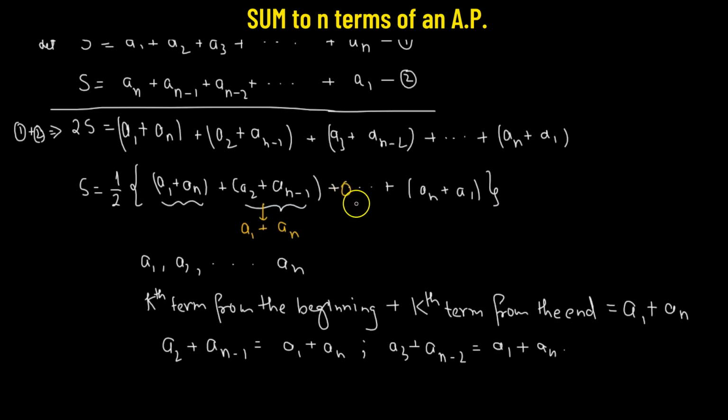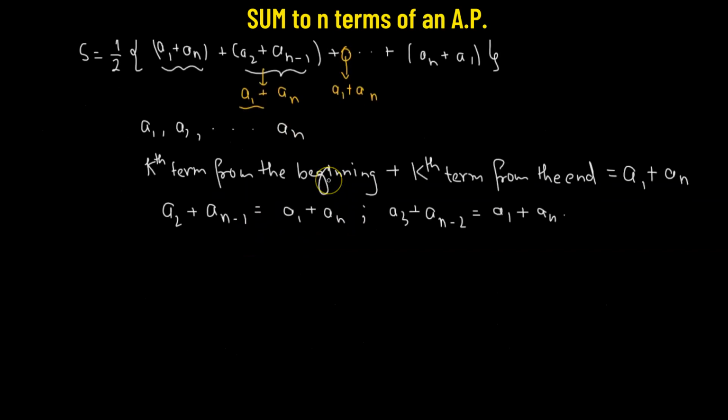Similarly, the third term is also going to be equivalent to the first term added to the nth term. So here we will observe that all the terms are similar to a1 plus an. That means the first term plus the last term, meaning we can say that our sum is actually equal to half multiplied by a1 plus an, so this is the first term added to the last term, and this is repeating n number of times.